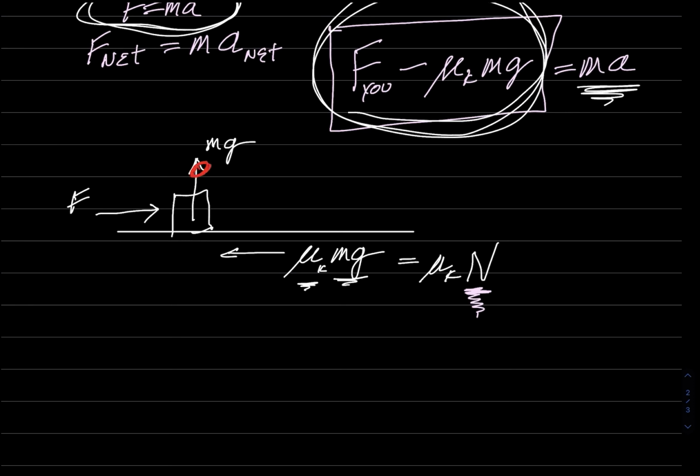Well, how about if somebody sits on the box while you're pushing it across the floor? Then gravity is pulling down on the box and person with a force of g times the mass of the box plus the mass of the person, and the box still doesn't have any vertical acceleration, so the normal force now equals the previous normal force plus the mass of the person times gravity.